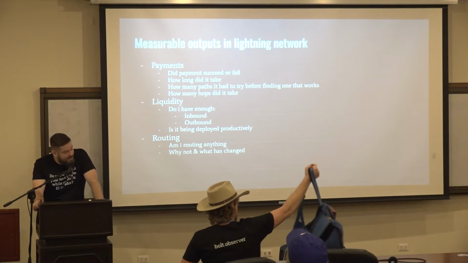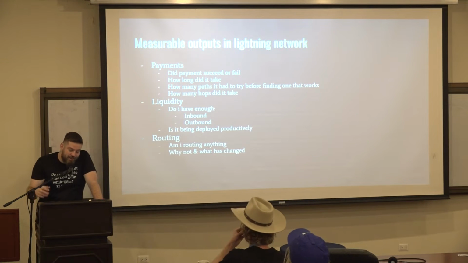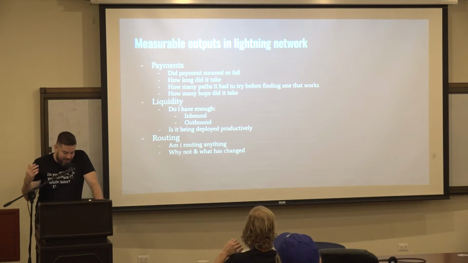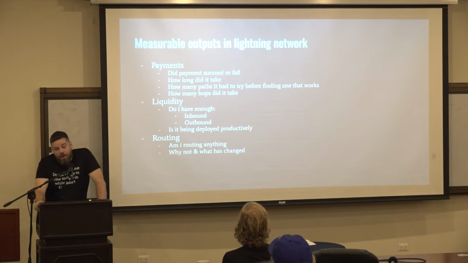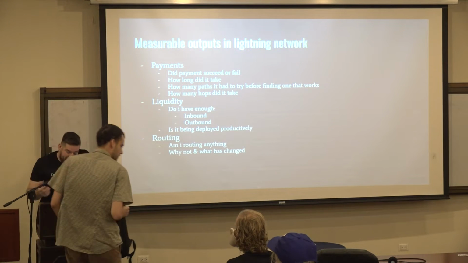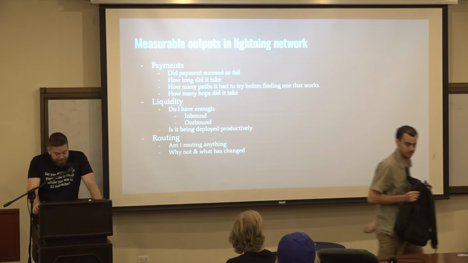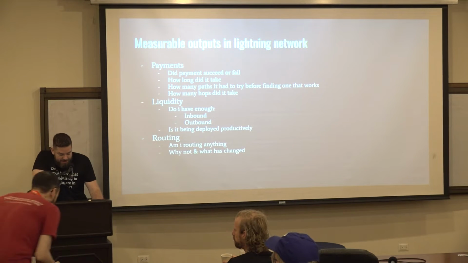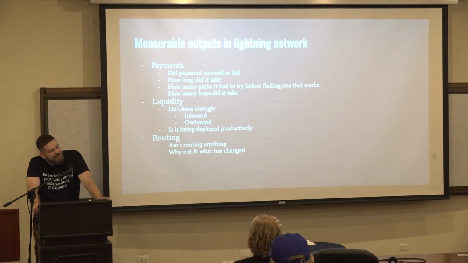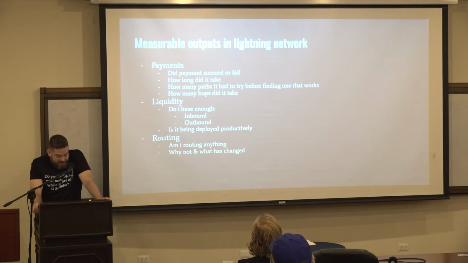And then we have the liquidity side of everything. Do I have enough of it? Do I have inbound capacity? Am I able to accept payments, or can I send them? Or is my liquidity actually being deployed productively? The third part of it, and obviously this is not an exhaustive list, it's just to give you an idea of how to think about things, is routing.